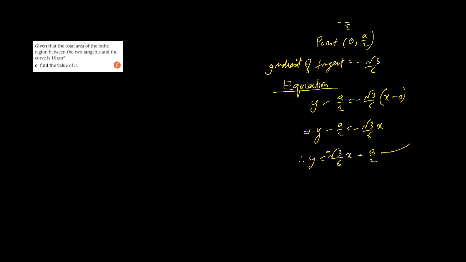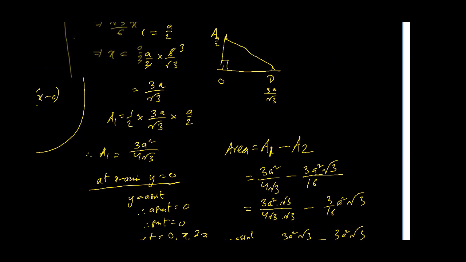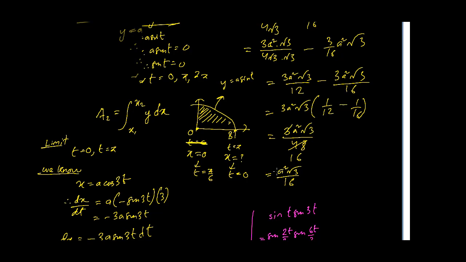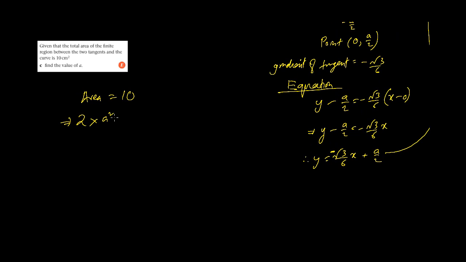So we know, so area equals 10. So the total area is 2 into, where is the area we just found? It will be difficult to find here. Okay, got it. A square root 3 by 16 into 10, because that region only found this much.